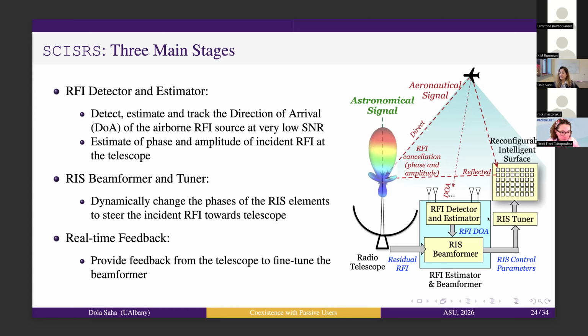So the magic sauce is basically the RIS beamformer, which provides what amplitude and phase we should change for these reflectors to reflect and cancel it here. And at the very end, we have a real-time feedback to say that there is a residual RFI, and that can be used for tuning the RIS.